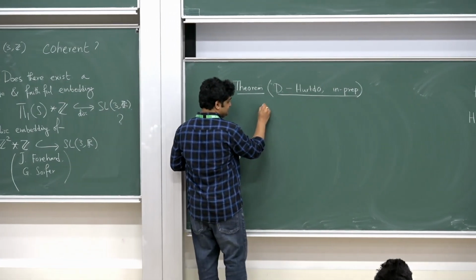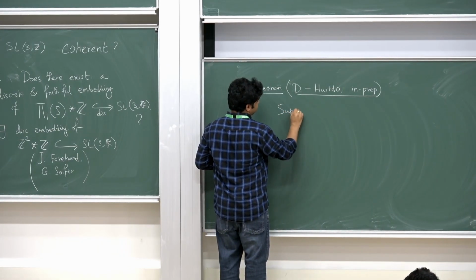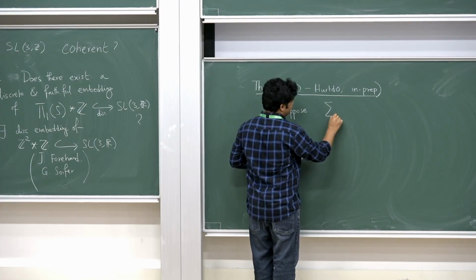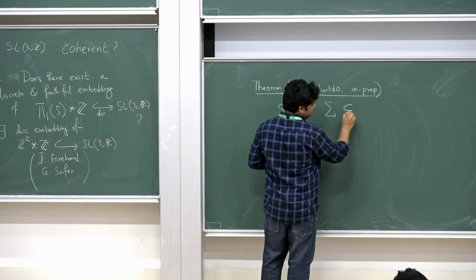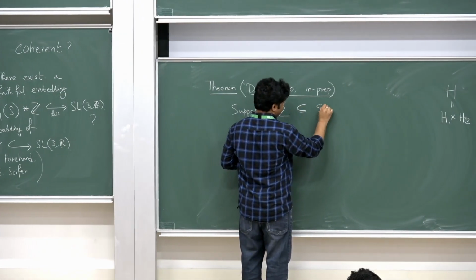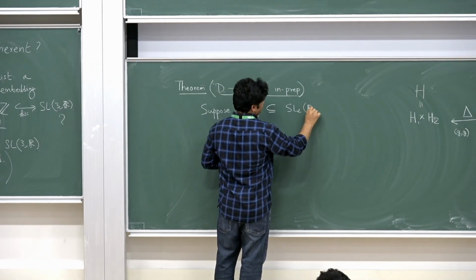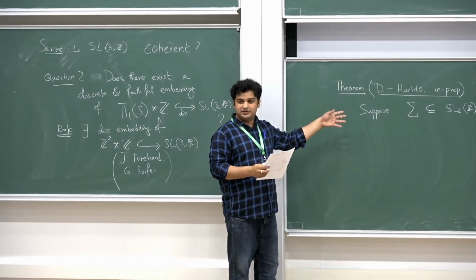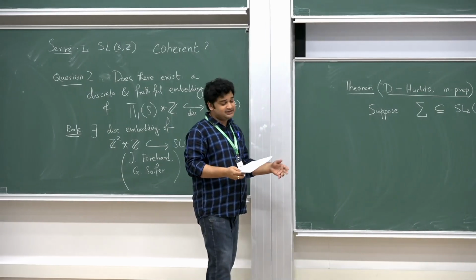Okay. So suppose sigma is a lattice in SL2R. For example, we can take sigma to be the fundamental group of a closed hyperbolizable surface.